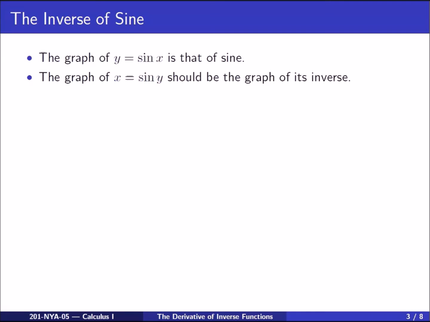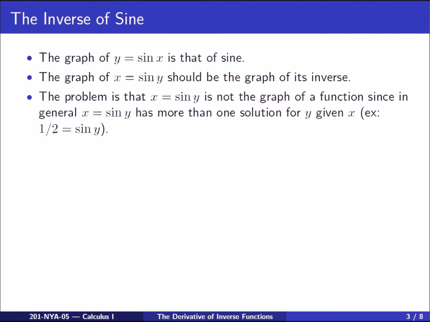Now, to recap what we just said, the graph of y equals sine of x is that of sine, and at the moment x is allowed to be any real number. If we invert y and x, we get that x equals sine of y should be the graph of its inverse, but we have a problem.